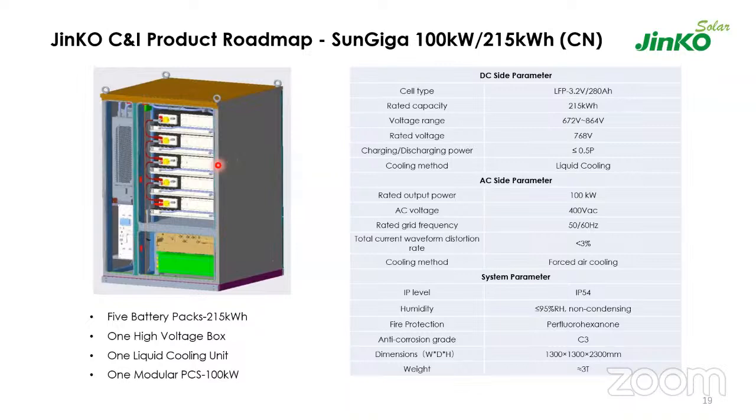So these are the typical parameters coming from a DC cabinet, where you can see that this solution is providing close to around 215 kilowatt hours. Instead of 215, this can even be made 344 without this PCS. If PCS is there, this becomes 100 kilowatt as an AC output. And this is the area where we can see the BMS part, and then air filters are going to be there.